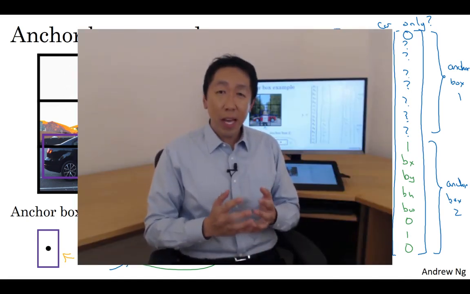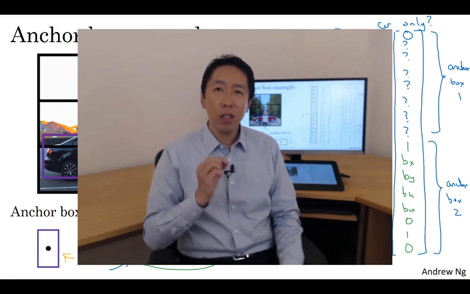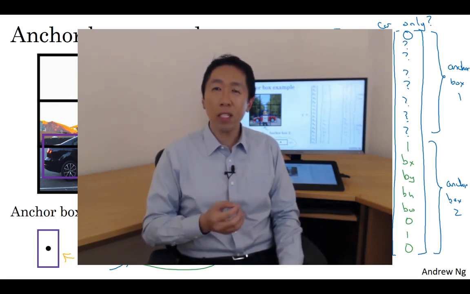So that's it for anchor boxes. And even though I'd motivated anchor boxes as a way to deal with what happens if 2 objects appear in the same grid cell, in practice that happens quite rarely, especially if you use a 19 by 19 rather than a 3 by 3 grid. The chance of 2 objects having the same midpoint out of these 361 cells does happen, but it doesn't happen that often.